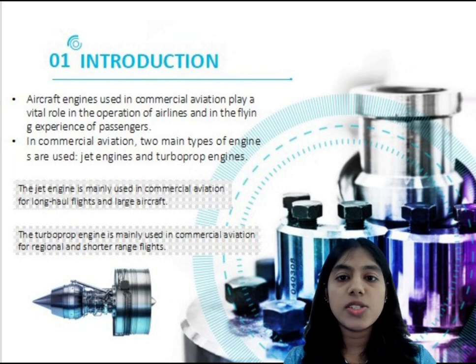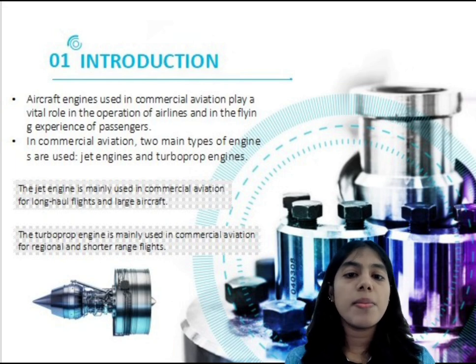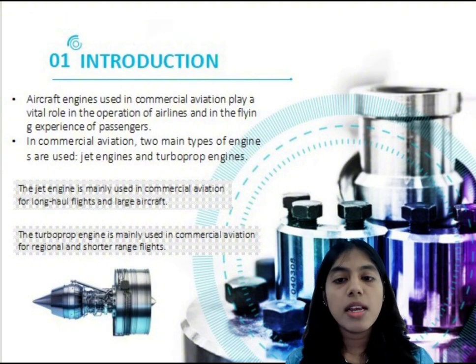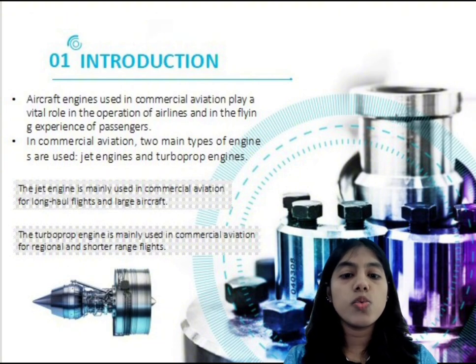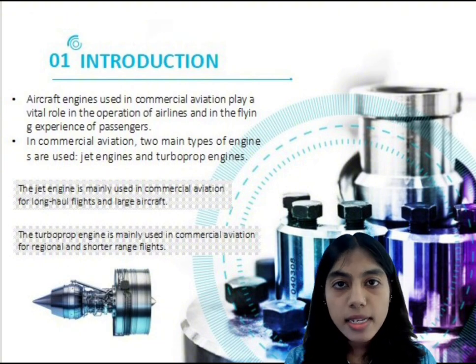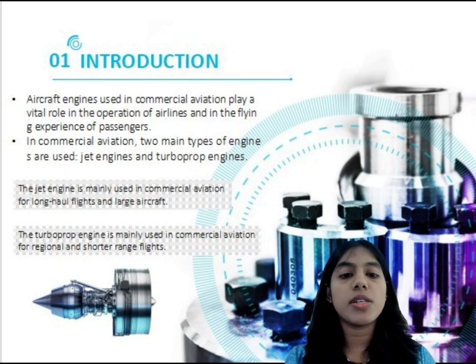Aircraft engines are almost lightweight piston engines and gas turbines. Some example engines used in aviation include the piston engine, the jet engine, and the turboprop engine. In commercial aviation, 2 main types of engine are used, which are the jet engine and the turboprop engine.